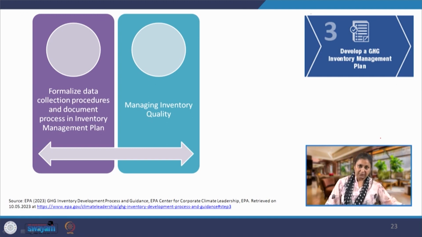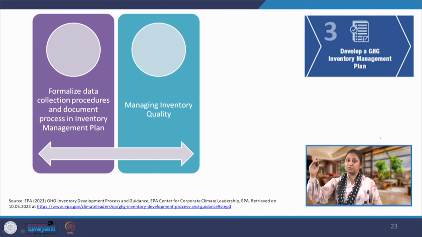We have already identified the inventory, we have collected the data, and now when we have all that data together, we put it all together and identify how to manage this inventory, the quality of this inventory, which has to be done for several years down the line continuously, because we are talking about a target year from a baseline year. So, it has to be continuously managed, not just managed, we also have to achieve the target of reducing the greenhouse gas emissions. So, how do we do that?